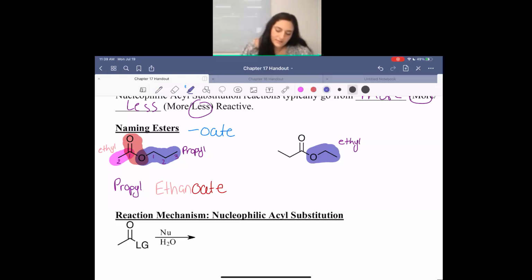And here we have a propyl. And obviously we have this lovely thing in the middle. And so we're going to call this guy ethyl propanoate.